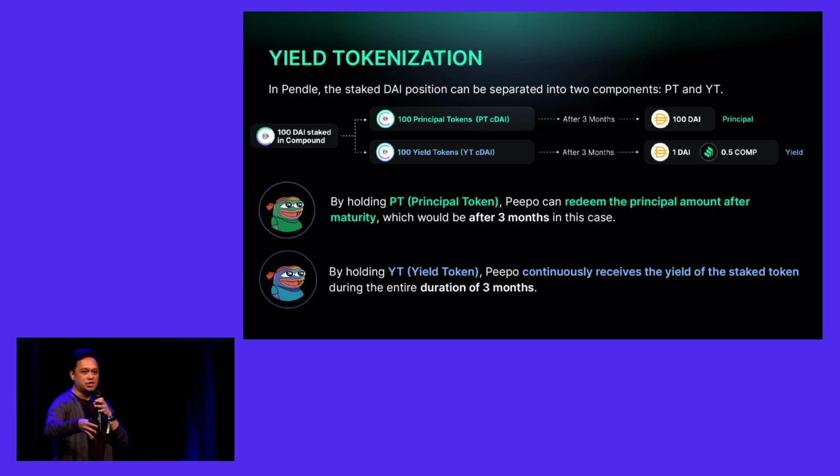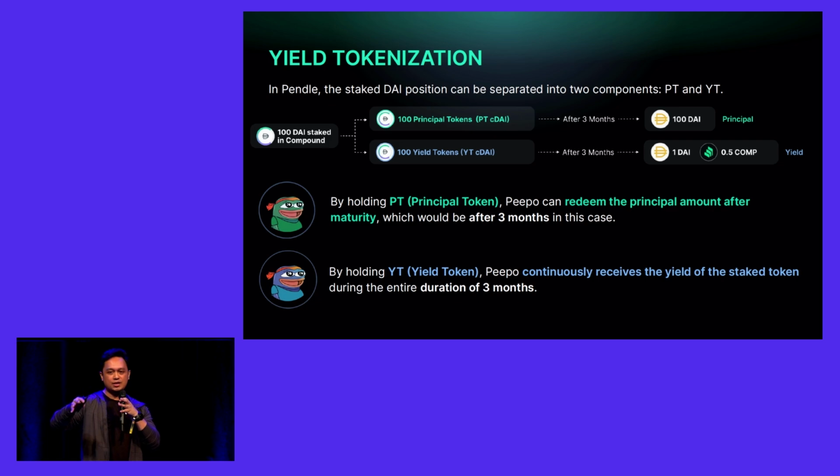We can take that position and split it in Pendle, where you have 100 PT and 100 YT, where the 100 YT represents your right to earn yield over time. There is a maturity date attached to this position as well. Let's say it lasts 3 months. Over those 3 months, as long as you hold those yield tokens, or YTs, you can earn the yield that has been given off by Compound. In this case, if Compound also has points, then you as a YT holder will also be earning those points.